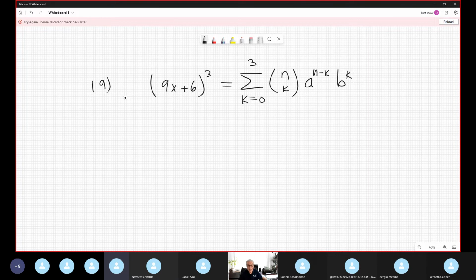So basically, I try to investigate what is the k value at which x has exponent 1. Because the combinatorial number is 3 choose k, I have no idea what k is. A, I know, is 9x raised to the n minus k. And B is 6 to the k, in our specific example. But they want when the exponent of the x is 1.